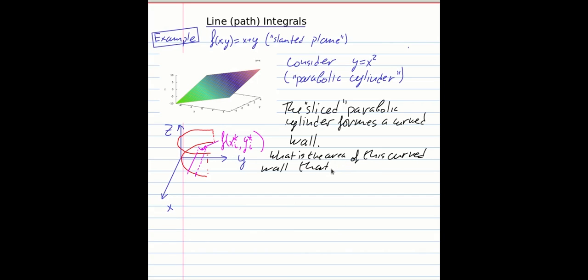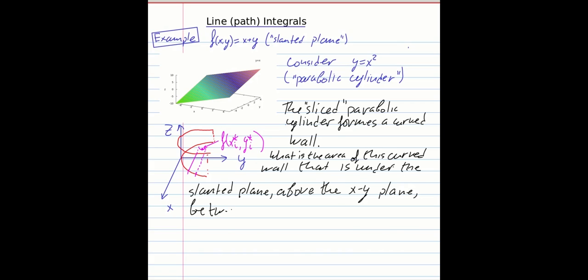Where is this area? This area is under the slanted plane, above the xy plane, and it's between x equal to 0 and x equal to 2. Alright, so we just want to consider this region between 0 and 2.